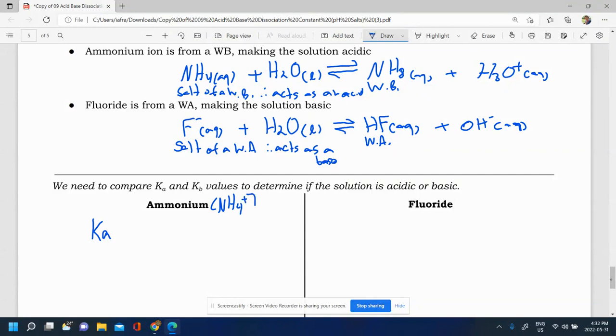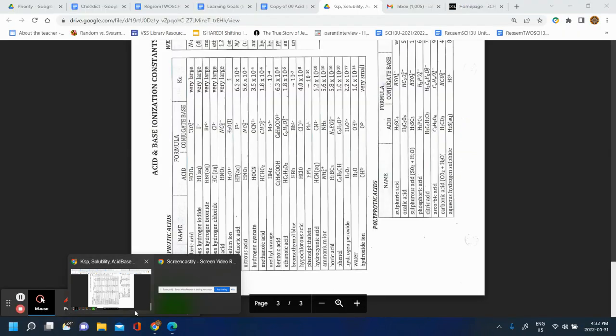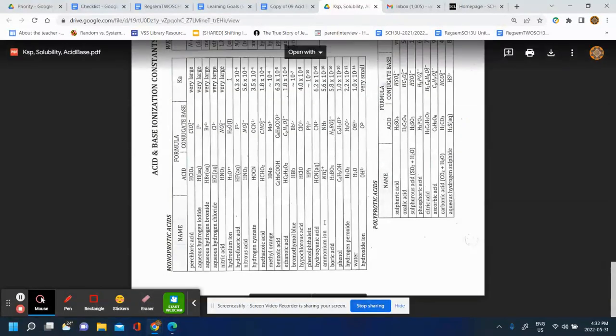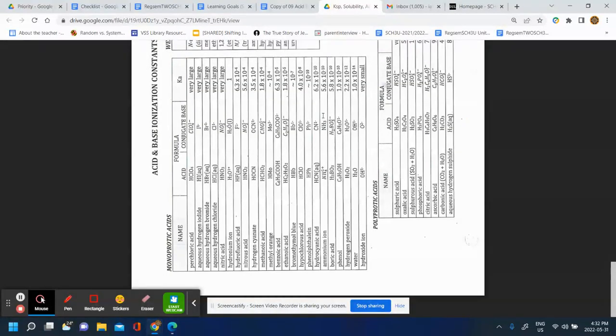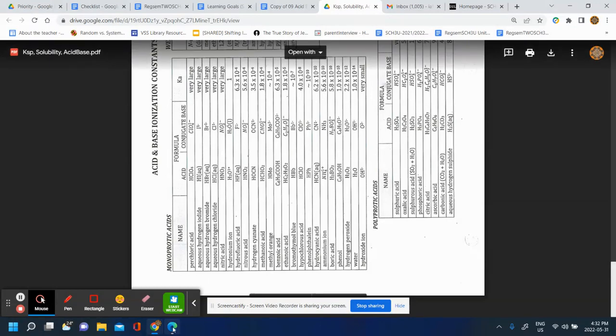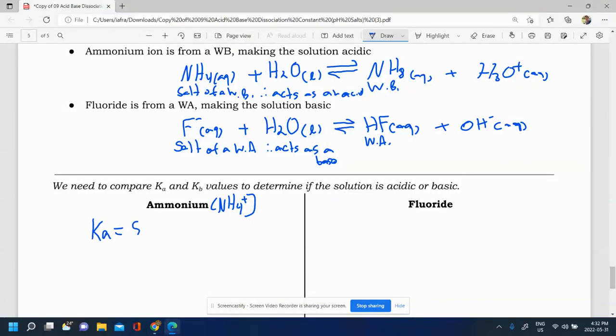We can probably find that in the table. Ammonium right here, NH4+, 5.6 times 10 to the negative 10.